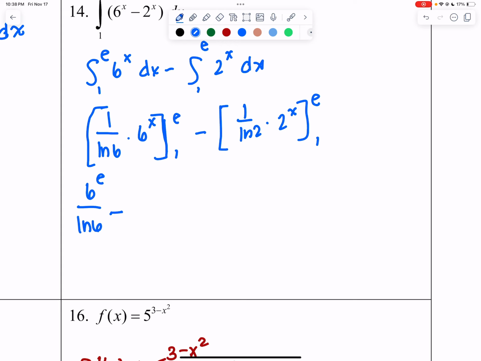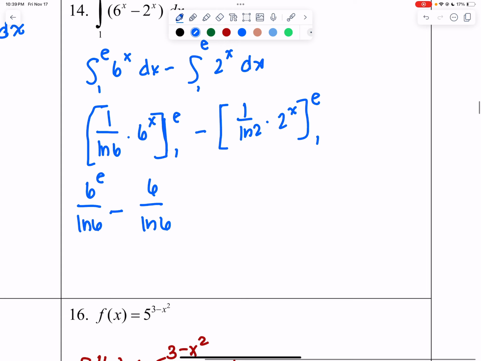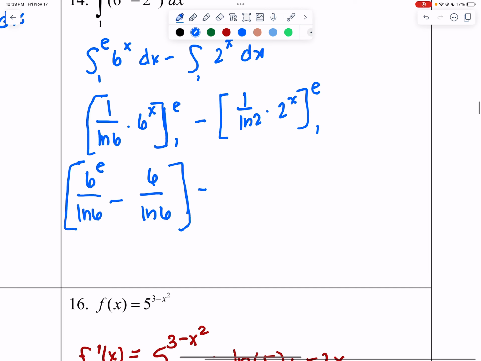Minus 6 over ln of 6, okay, and then I have my 2 to the x. So now I have 2 to the e over ln of 2 minus 2 to the 1 over ln of 2.